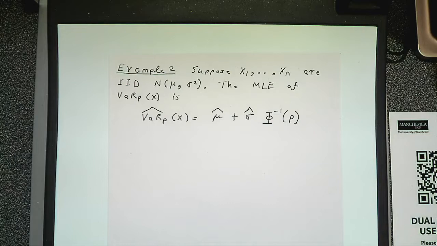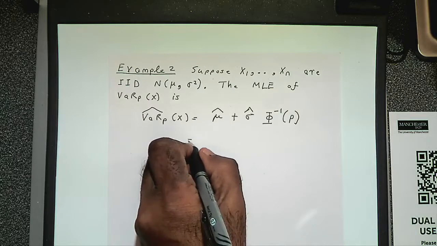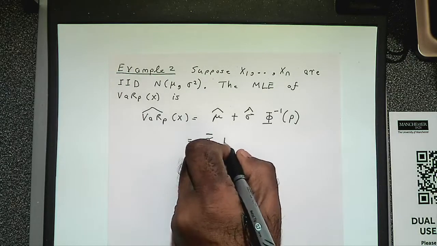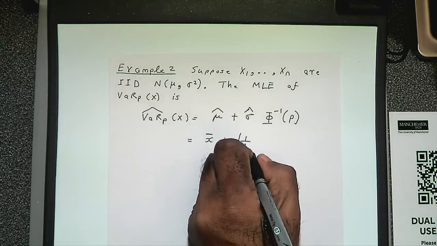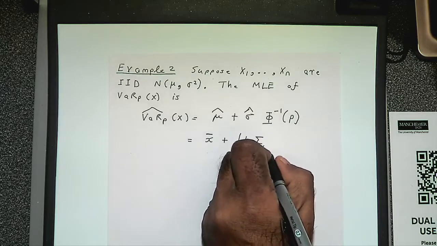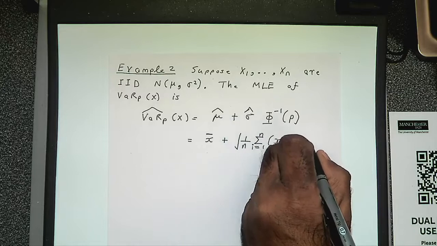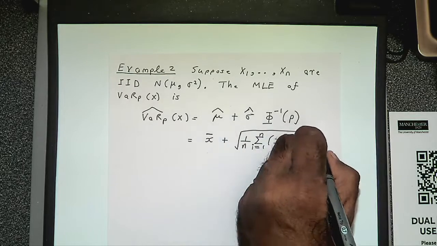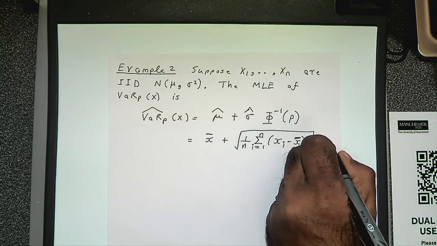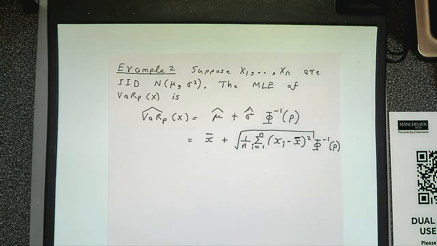This is the formula that I gave you, where mu hat is x bar, and sigma hat is... Now this estimator is asymptotically unbiased, which means that the bias approaches zero as n goes to infinity, and consistent, which means that the limit of the MSE is zero.